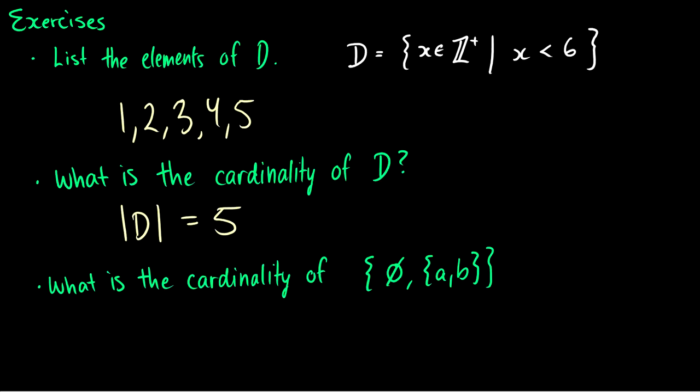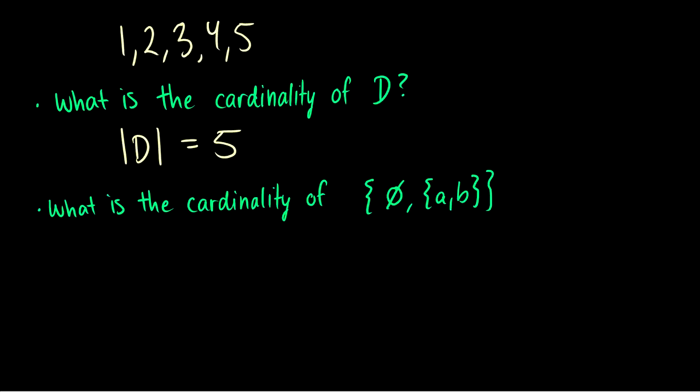4, and 5. Now here's another question, and this is what I alluded to before. What is the cardinality of the set containing the empty set and the set AB? Okay, so how many elements are in the set? And when we look at sets, it's kind of like looking into a box and saying, well, what can I see? I see an empty set, and I see another set.